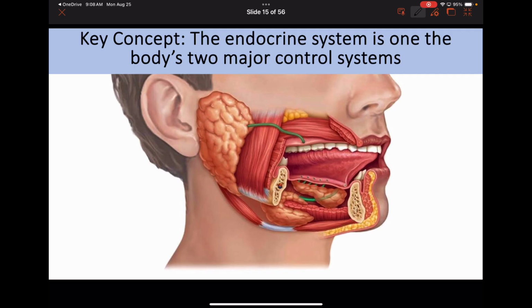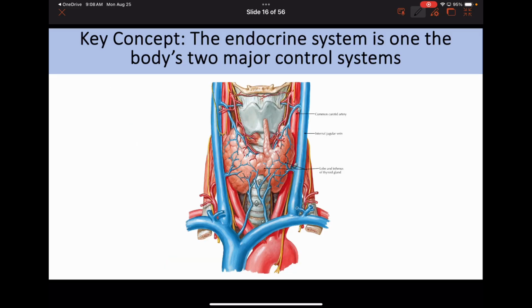So like I said, our salivary glands will have ducts to take the secretions, the saliva, from that particular gland to the oral cavity. You don't need to know the names of these salivary glands yet, but you will when we get to the digestive system a little bit later. Our thyroid gland, which is an endocrine gland, will be ductless because endocrine glands secrete their hormones directly into the bloodstream. You'll see them surrounded by capillaries.